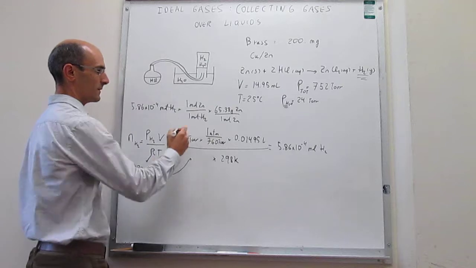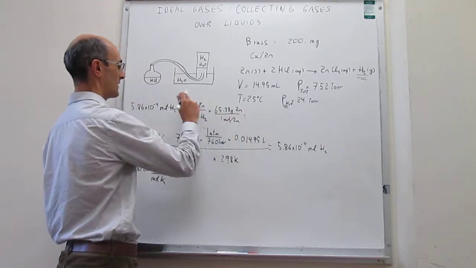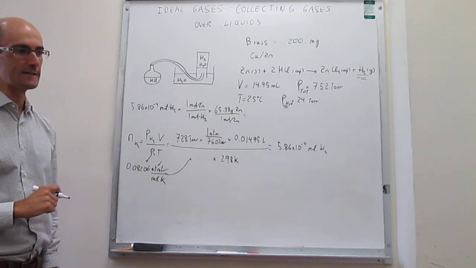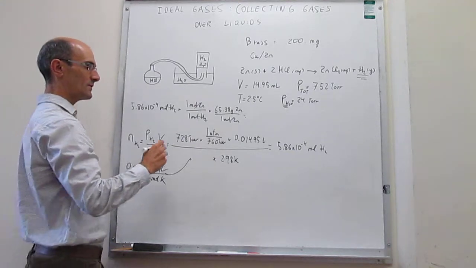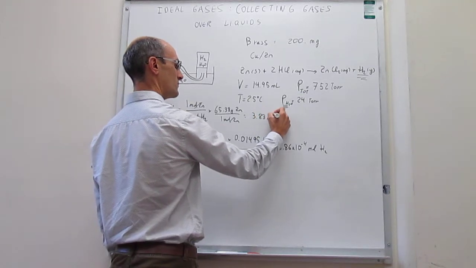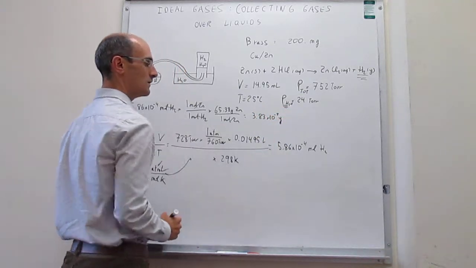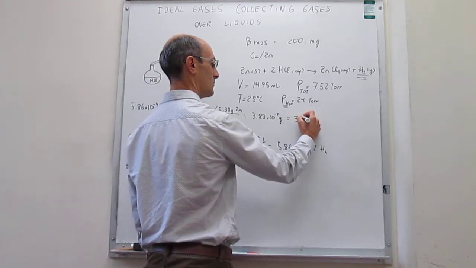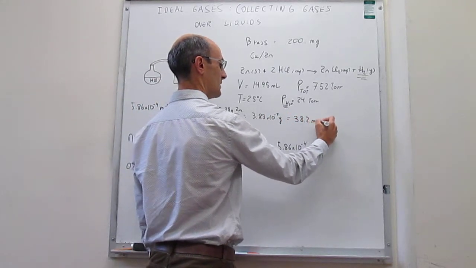And this is going to give me the mass of zinc that I have in that brass that I threw into the hydrochloric acid. Okay, so this number happens to be 3.83 × 10^-2 grams, which is exactly the same as 38.2 milligrams. And again, this is zinc.